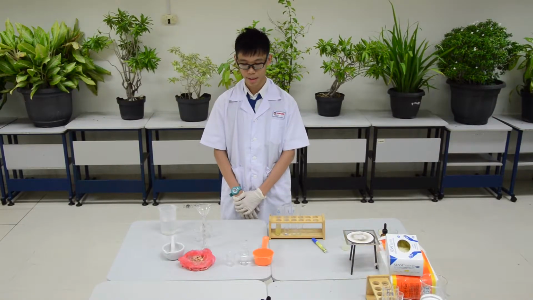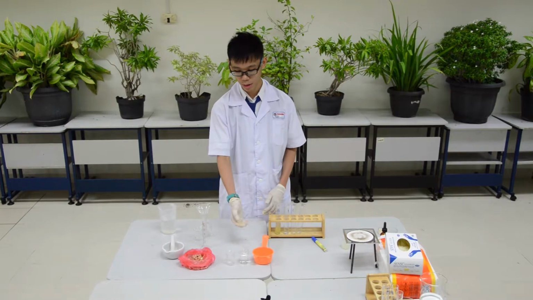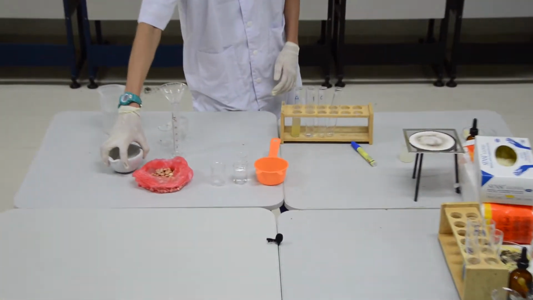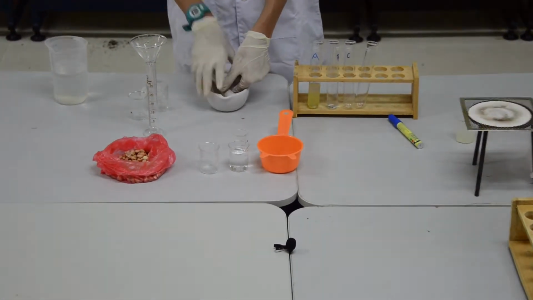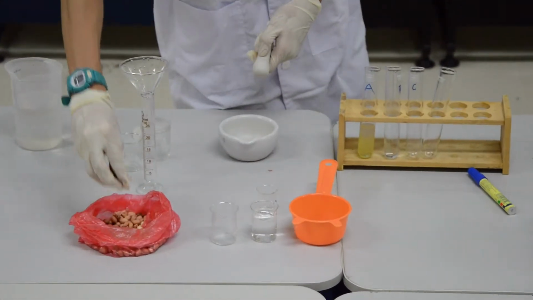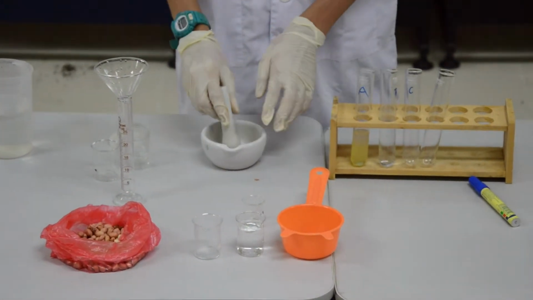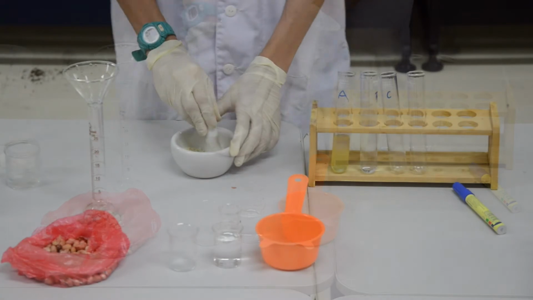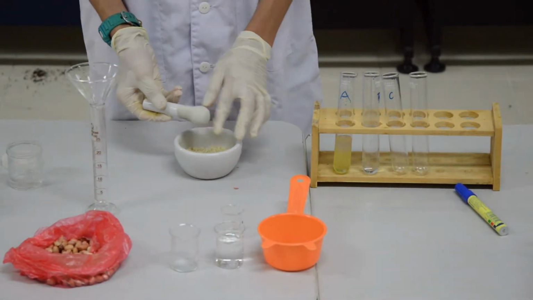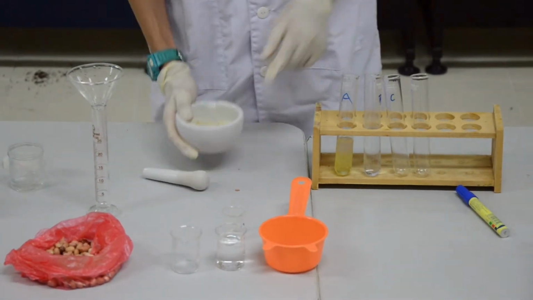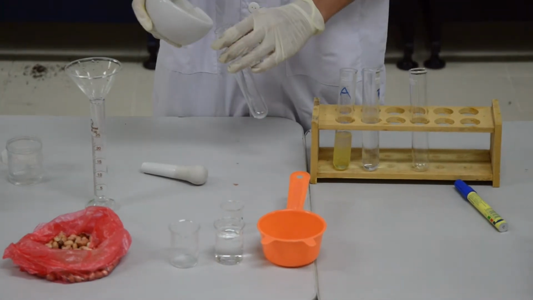Next, we're going to test the presence of fat using something other than oil, such as peanuts. So first, you have to put some peanuts into the mortar. Second, you grind them. After grinding the peanuts into a powder, put it in a single test tube.